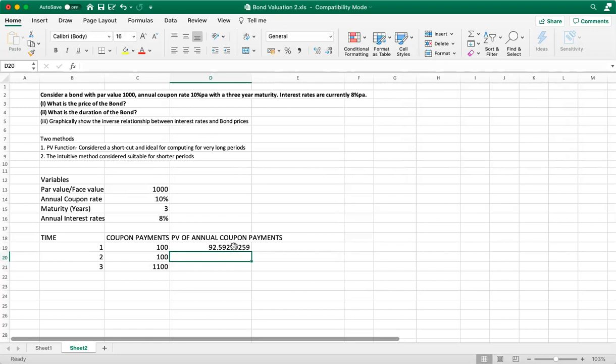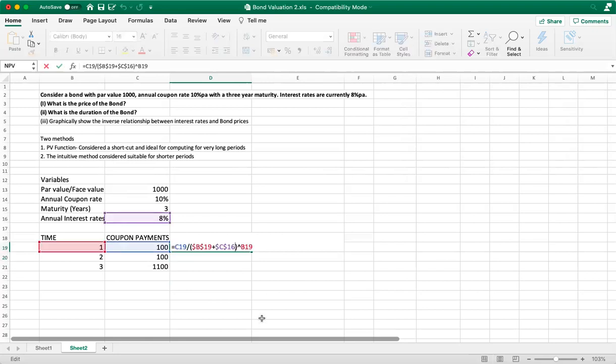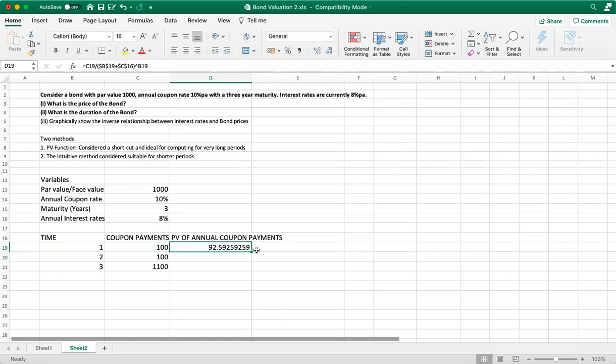Now, we go back to 92. You double click, you confirm the formula is correct. So the coupon payment divided by 1 plus R, R is 8%, then power 1. So that is correct. And since it is correct, what we do next is to copy this down to year 3.